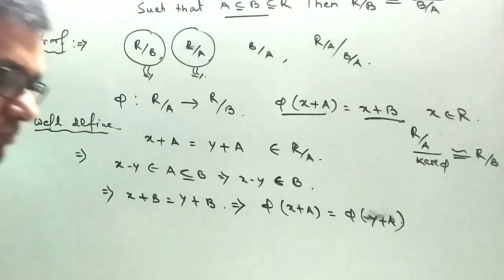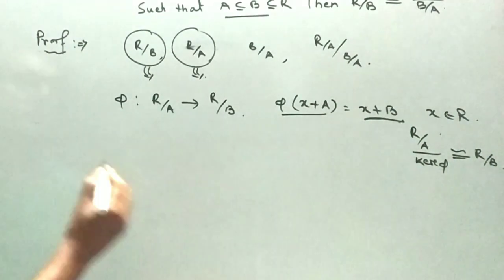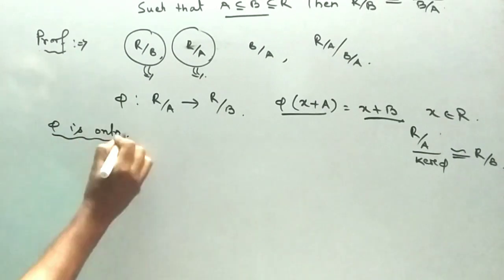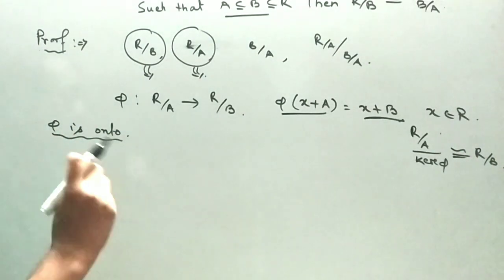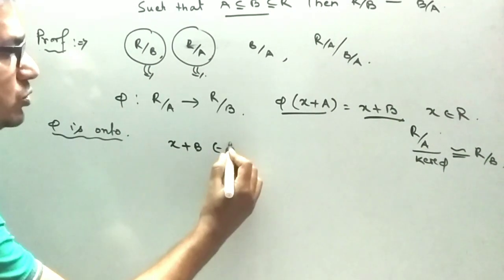Now, to show the function phi is onto, let any x plus B belong to R/B.